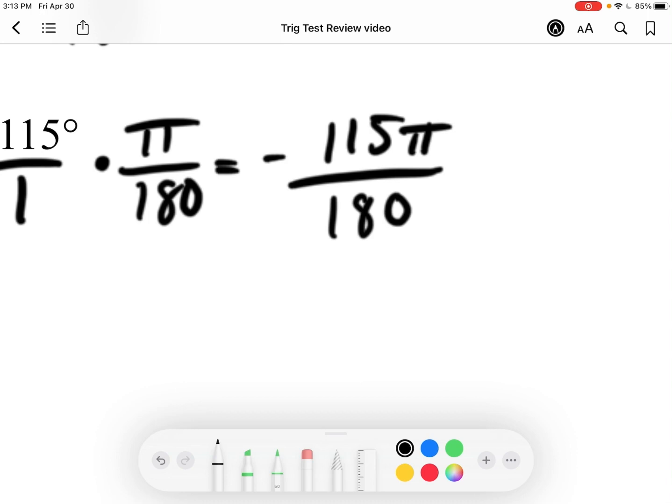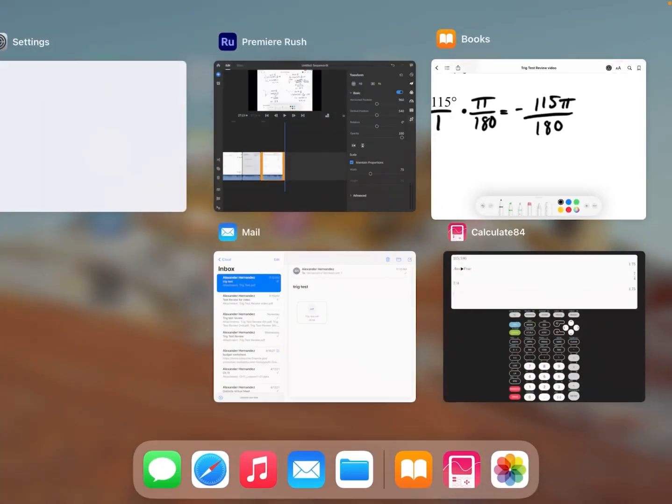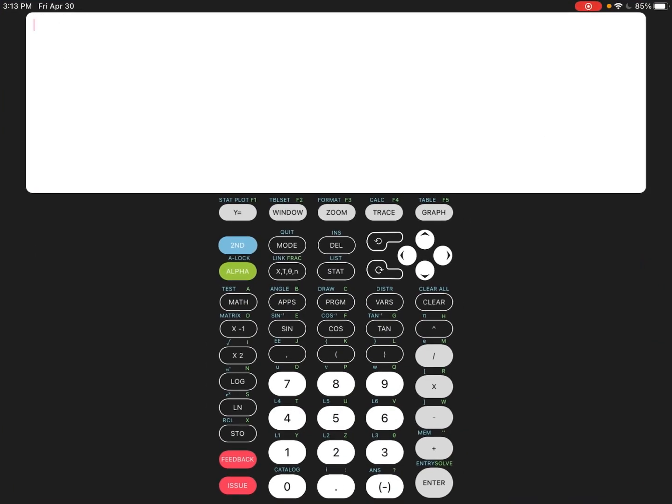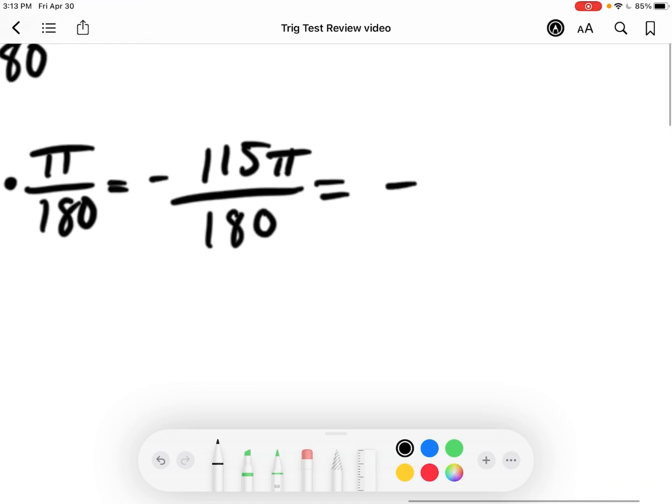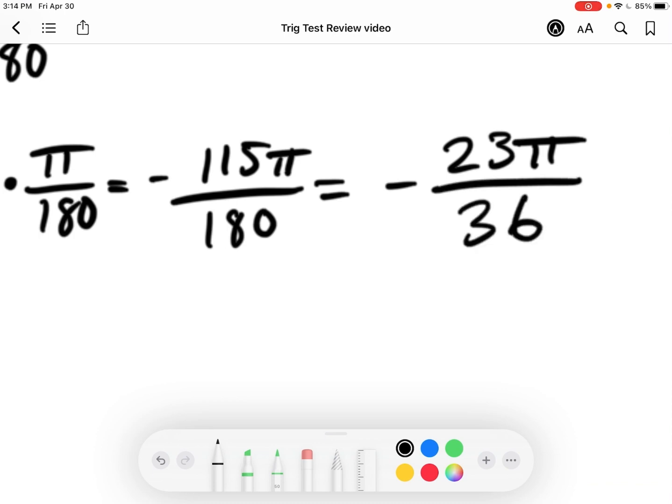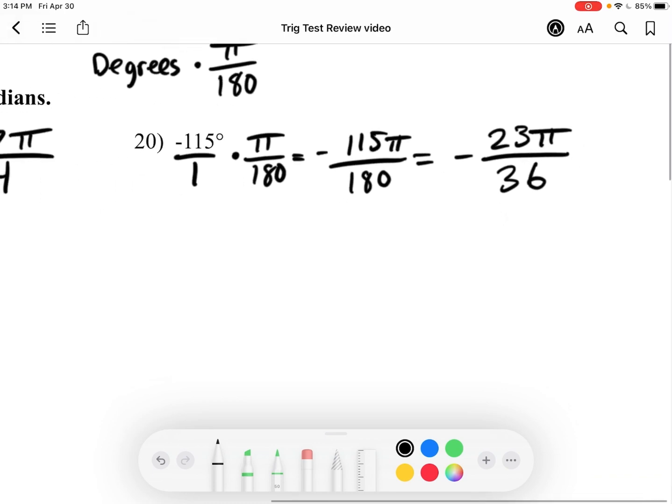These are both divisible by 5, but you can type in negative 115 divided by 180. You get this value. Click the math button, select the first option, and it changes it to a fraction for you. Negative 23 over 36, that is in simplest form. So this is negative 23 pi, pi stays in the numerator, over 36. That is your answer in radians.